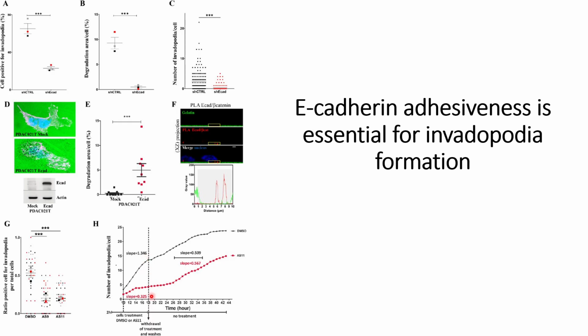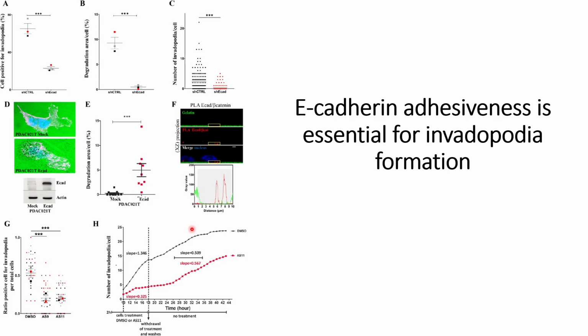Once they remove these inhibitors, after 8 hours they see that the rate of invadopodia per cell for the previously inhibitor-treated cell lines, that is AS11, catches up with the rate of invadopodia per cell for the control case.